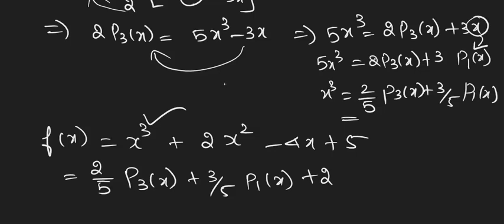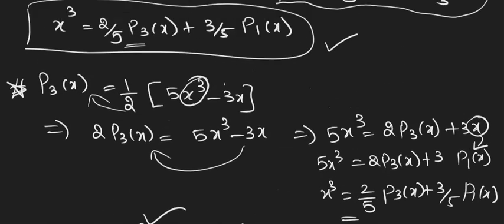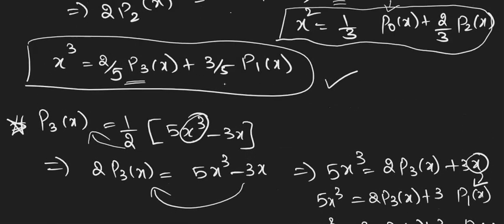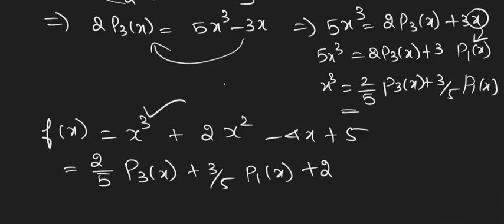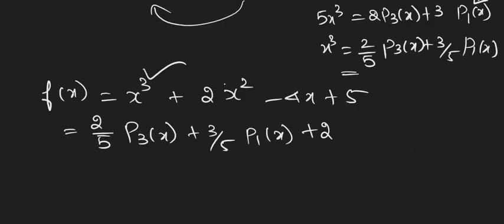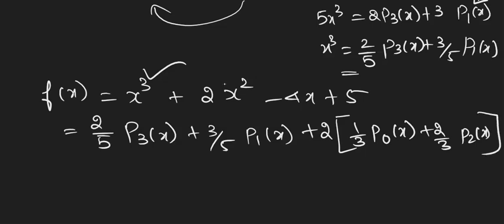Plus 2 into, we have derived x square here. What is x square? 1 by 3 into P0 of x plus 2 by 3 into P2 of x. So we are done with x square also.